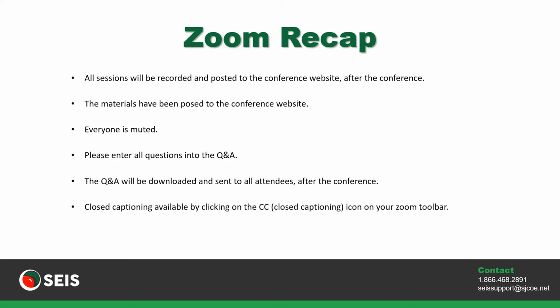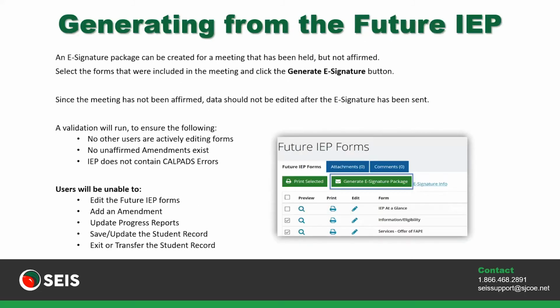And we're gonna pretty much start talking about where e-signature packages can be generated. First and foremost, the future IEP is where an electronic package can actually be generated. An e-signature package can be created for a meeting that has actually been held but not yet affirmed.